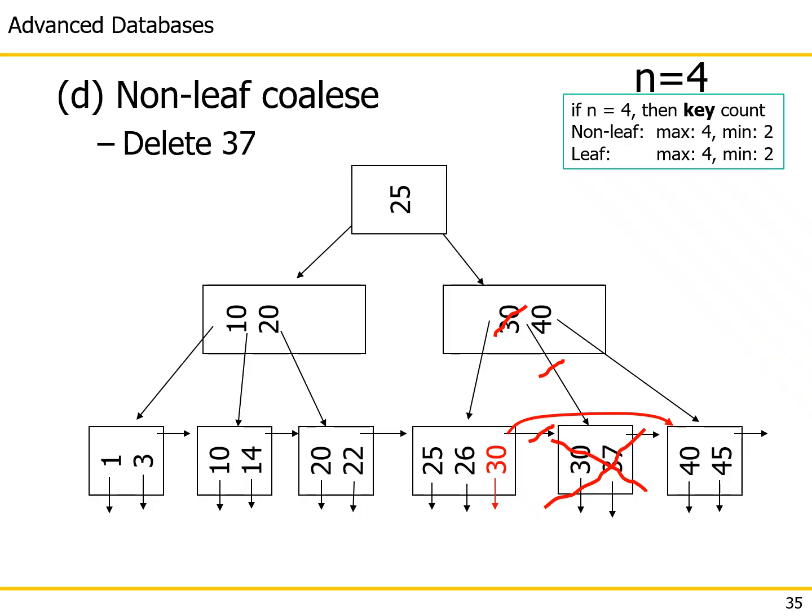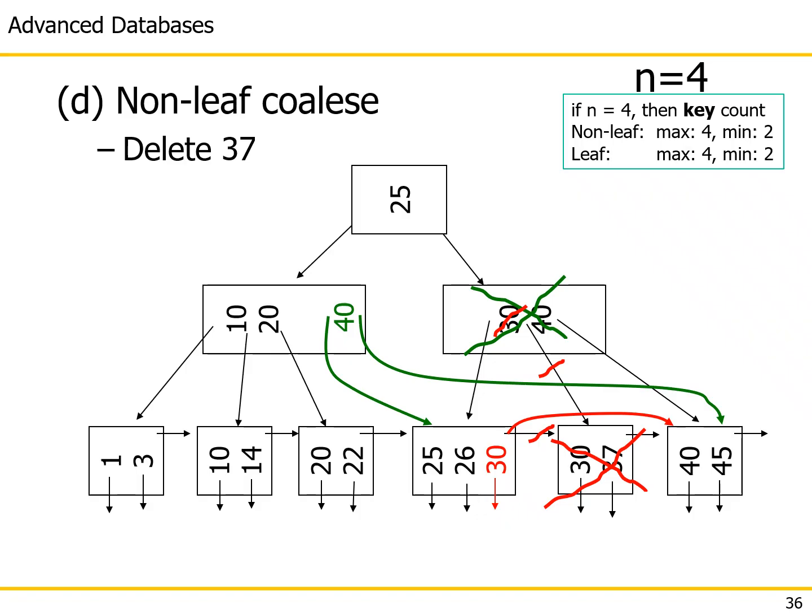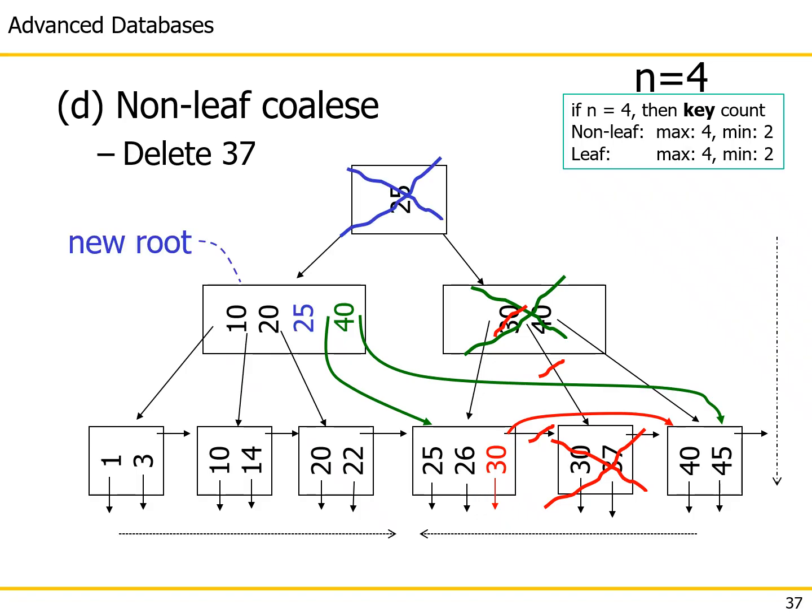So what I'm going to do to fix this problem is squash the root into this sibling. So this is the first step I was referring to, and this is the squashing of the root, to be able to have 4 keys and 5 references.